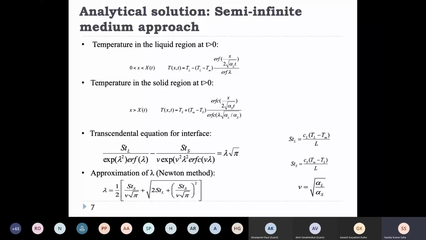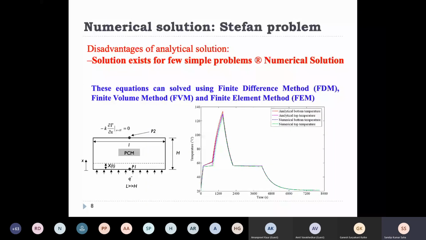So that means I have a big problem. Another problem is that the solutions only exist for a few simple problems. And if the domain is two-dimensional, then you may not be able to use the semi-infinite model, and it will be very difficult. So that's why we have to shift to numerical analysis.